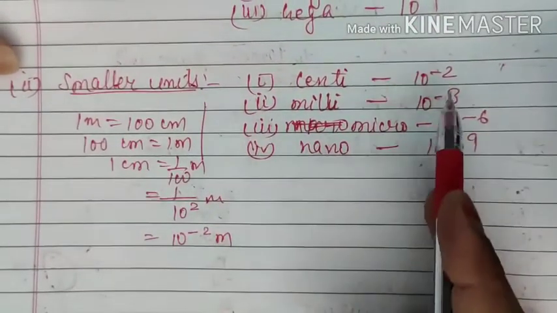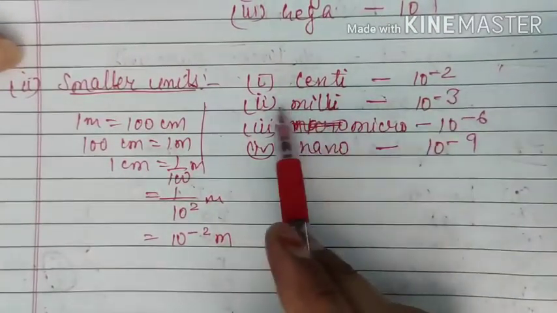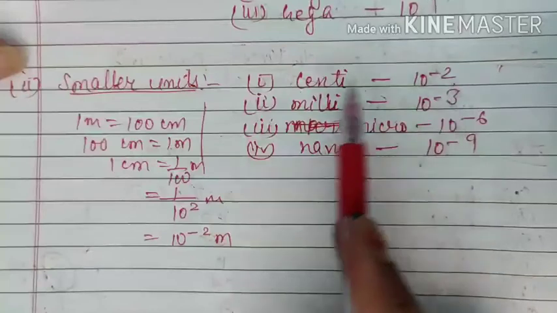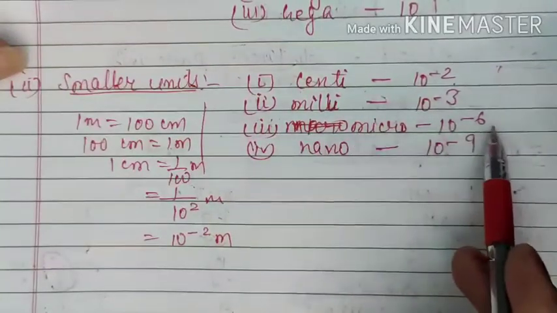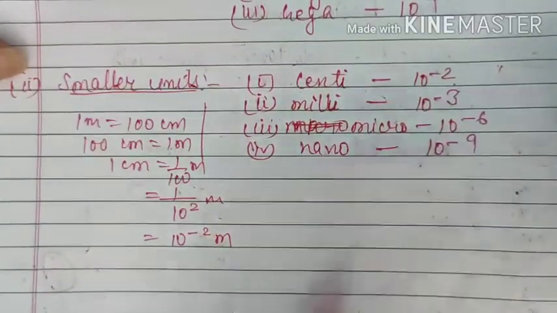From there only we are getting this. So centi is equal to 10 raised to power minus 2, milli is minus 3, micro is minus 6, and nano is 10 raised to power minus 9.